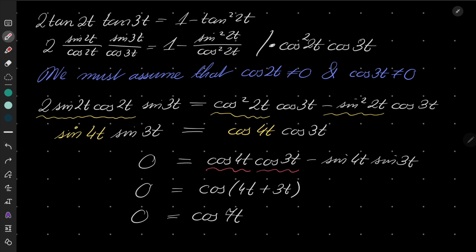So no solution. So every solution that we will get will satisfy our original equation. There is no problem with this assumption; it doesn't exclude any solutions which we will get in a moment.